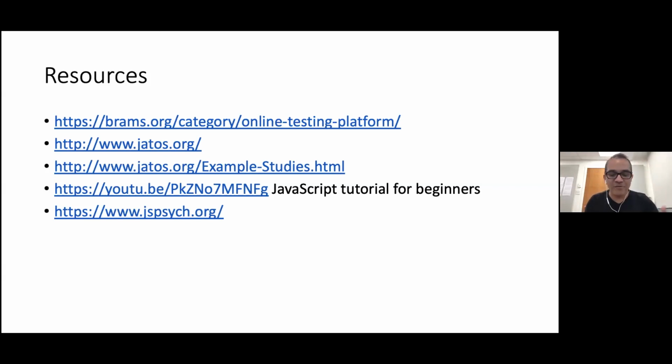You can use indefinite code editors, and you can have different flavors of libraries that implement plugins or functions for experimenting in cognitive neuropsychology. So the first idea is to position yourself in the right place and see where you can go from there, right? Of course we are here to help with JATOS and with the server part, and hopefully in the future we're going to be able to help more in the building of the experiments.